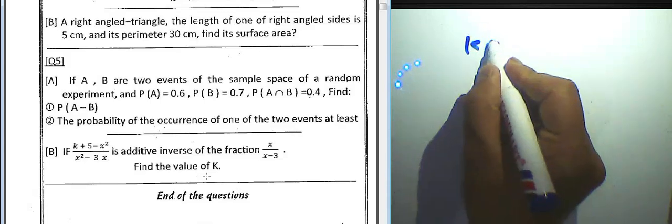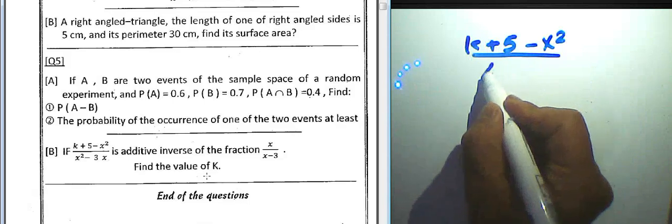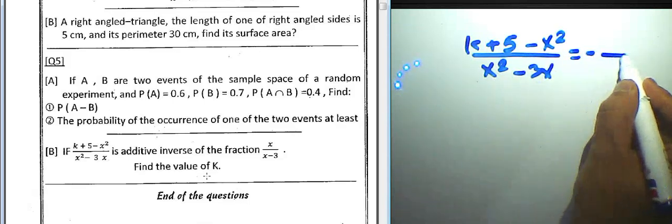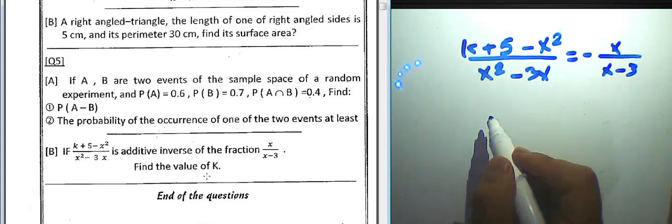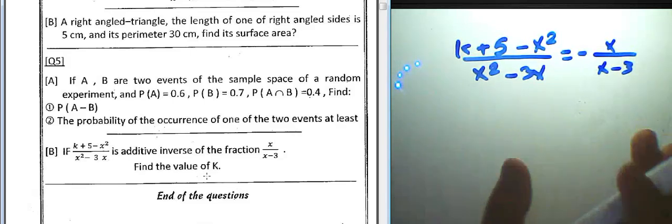Then (k plus 5 minus x power 2) over (x power 2 minus 3x) equals negative x over x minus 3. He asked about the value of k because he told us additive inverse.